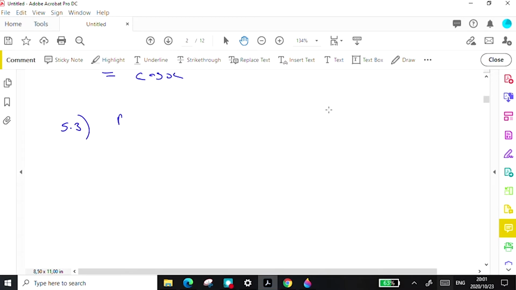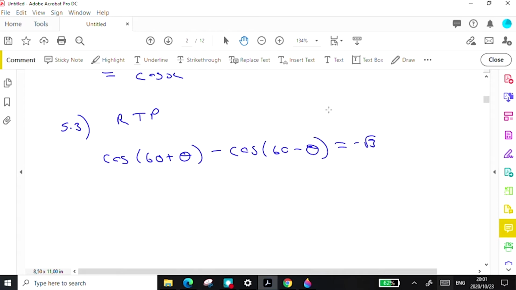So we are required to prove that cos of 60 plus theta minus cos of 60 minus theta is equal to minus square root 3 sine theta.